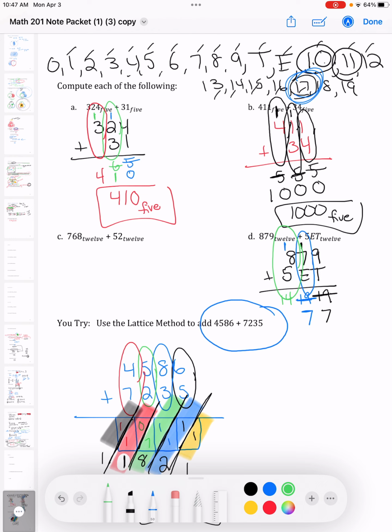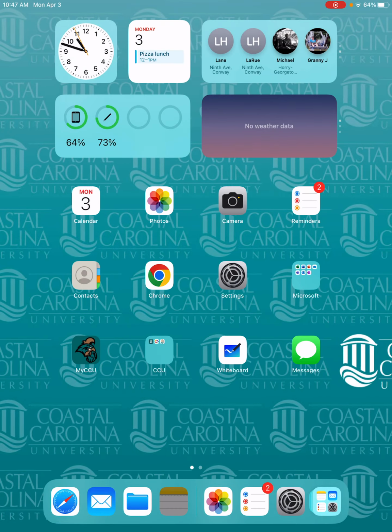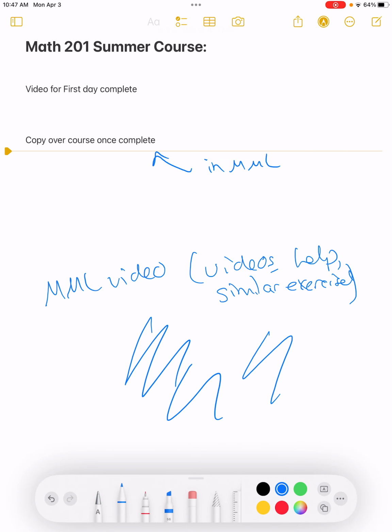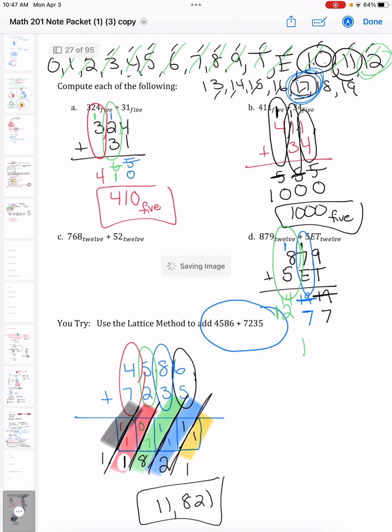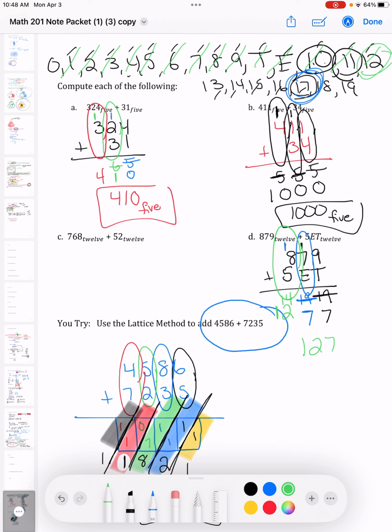The 14th digit, 1, 2, 3, 4, 5, 6, 7, 8, 9, 10, 11, 12, 13, 14, is written as 1 twelve and 2 ones. So my final answer is 1277, base 12.